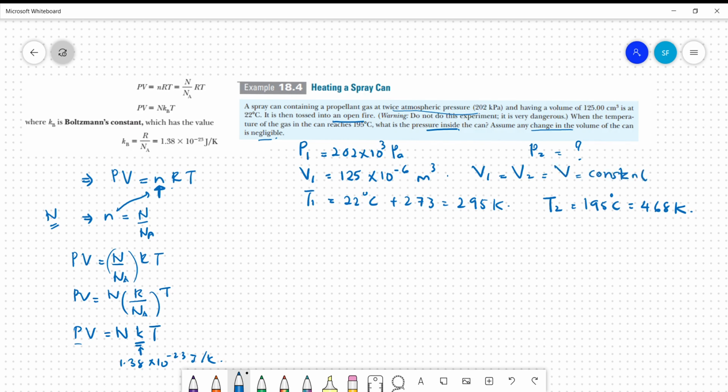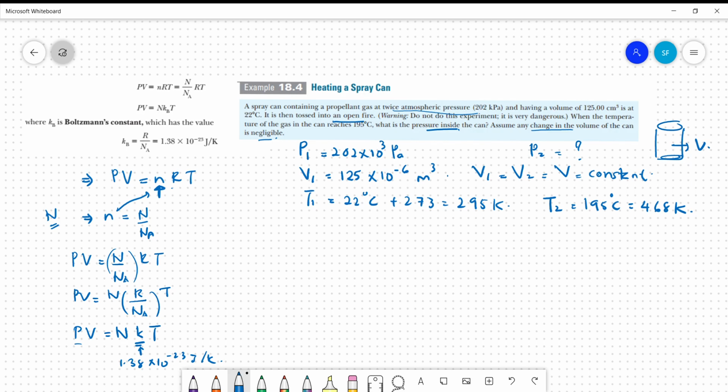Now, whenever you have a container, ataupun any bekas, if the container is fixed, meaning if it is in the form of a cylinder, it remains a cylinder. Kalau bentuk dia tak berubah, so the volume will remain the same.